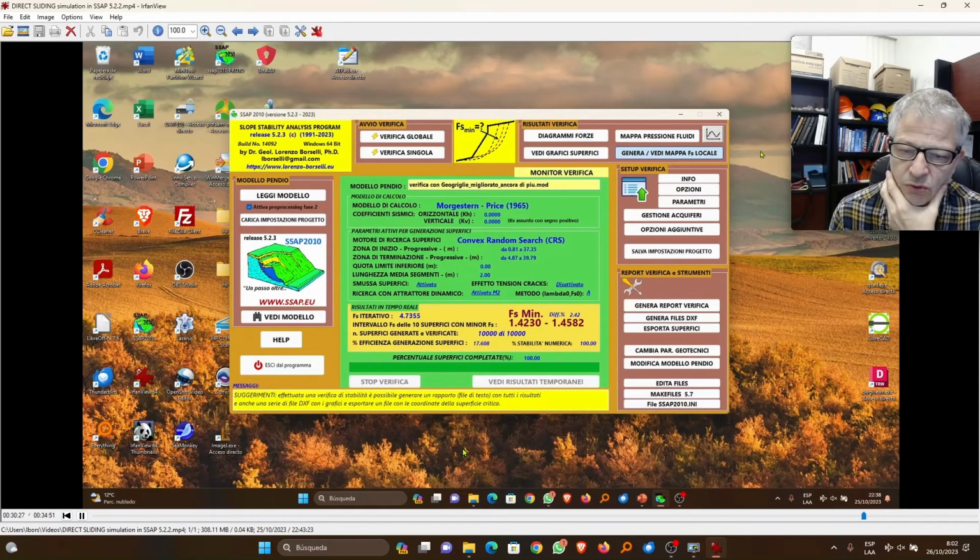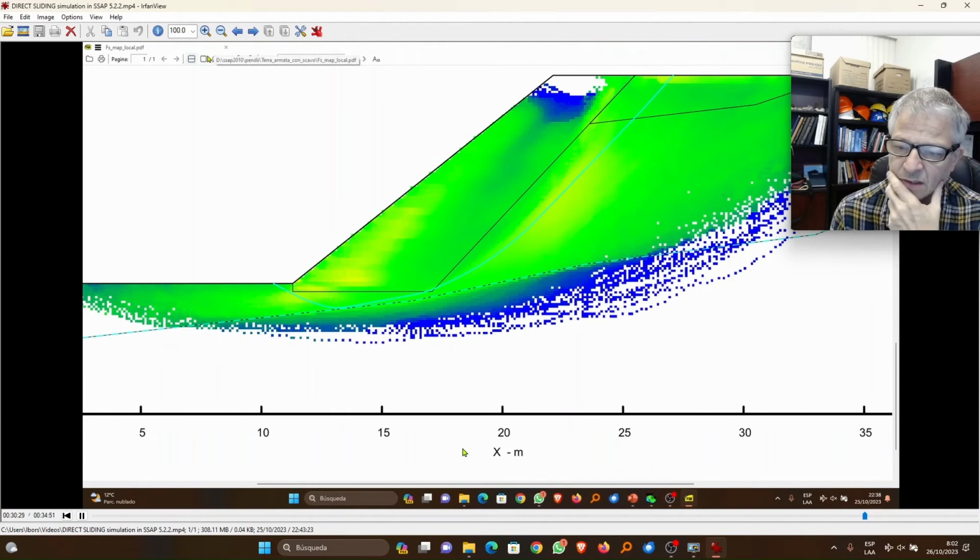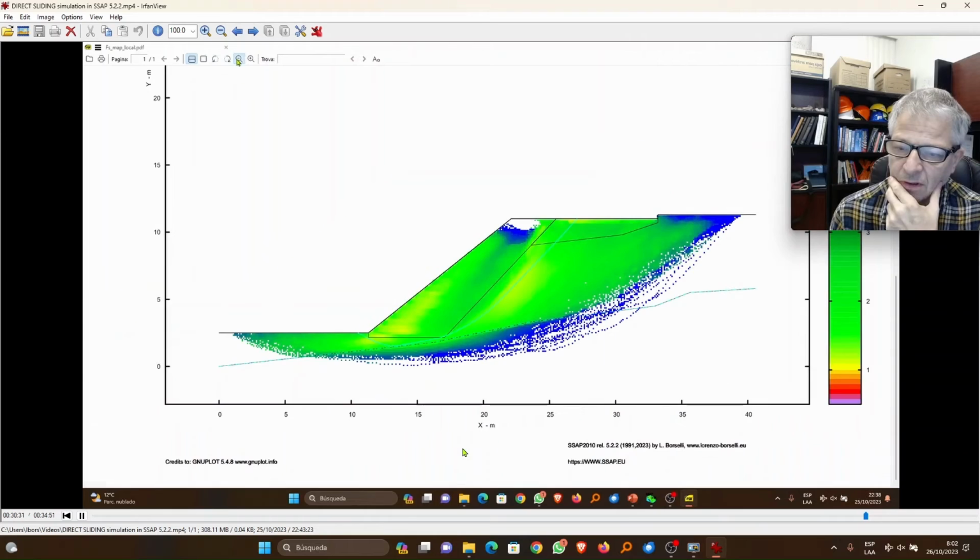And now we see what happened with the map of local safety factor.